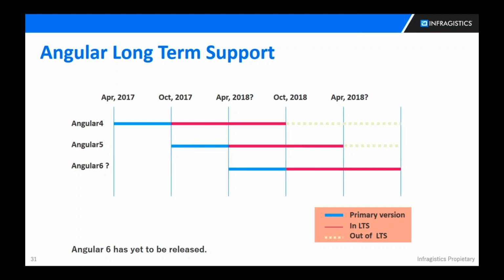After the LTS timeframe, you don't get fixes, or you could have security issues. So the Angular team recommends that you upgrade from older versions to new versions. So far, Angular 4, 5, 6 are pretty similar versions. There are not many breaking changes, but you need to be aware of those changes as well.